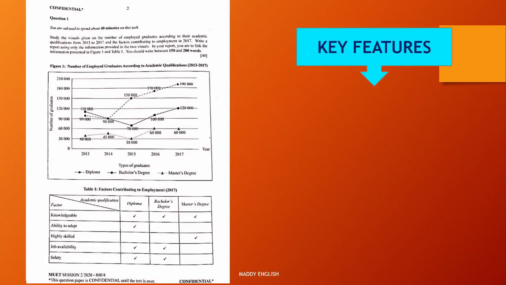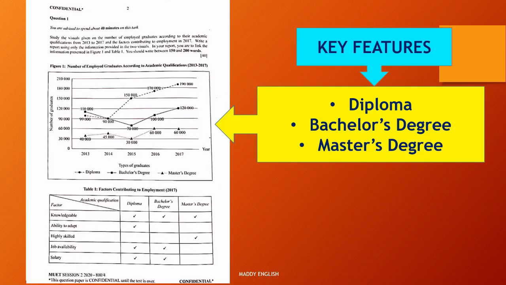Next, key features. In this question, Figure 1 indicates the key features, which are diploma, bachelor's degree, and master's degree as a type of graduates.